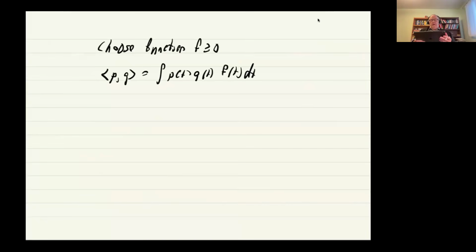Now that's the inner product, and so it gives you a norm, but you have lots of choices for f. And so there are lots of norms available to you, but here you're working with an infinite-dimensional space. But it's a useful space.